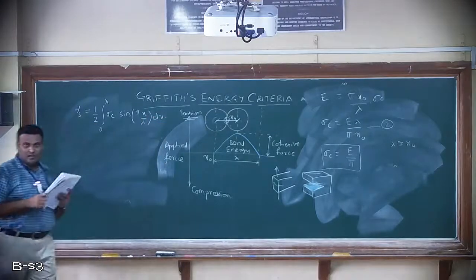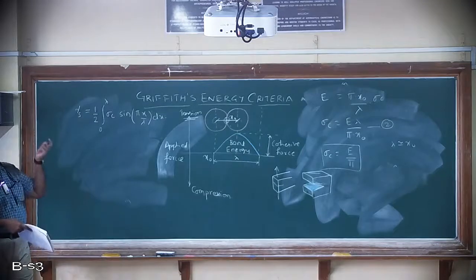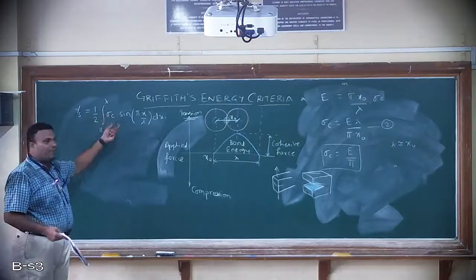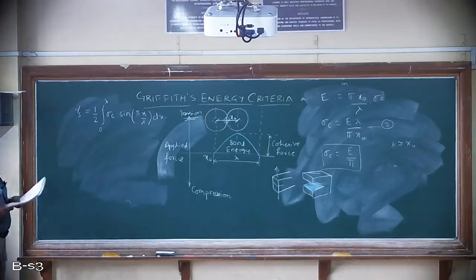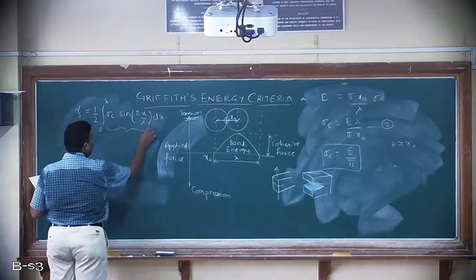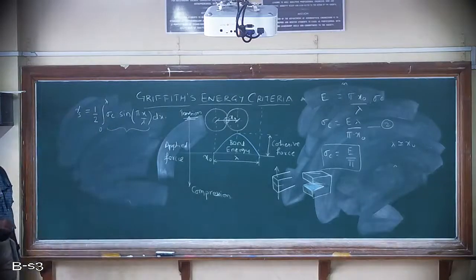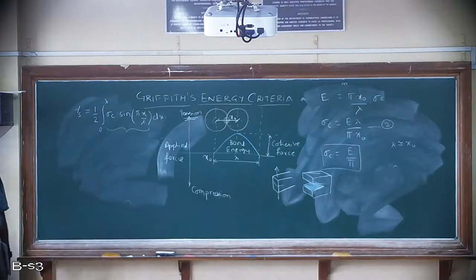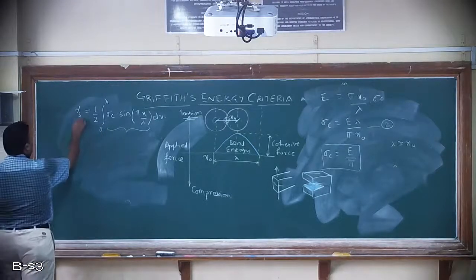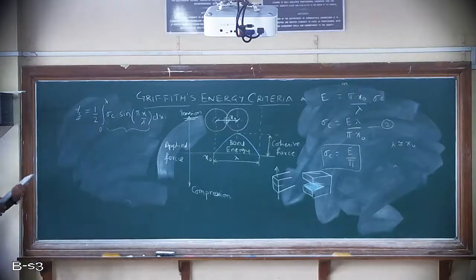So it is integration of the total stress which is developed from 0 to lambda, and half of that. Again, I'll read that definition: the surface energy per unit area is equal to half of the fracture energy. Fracture energy is nothing but the integration of the stress. So half of the fracture energy will give the energy to create one new surface.